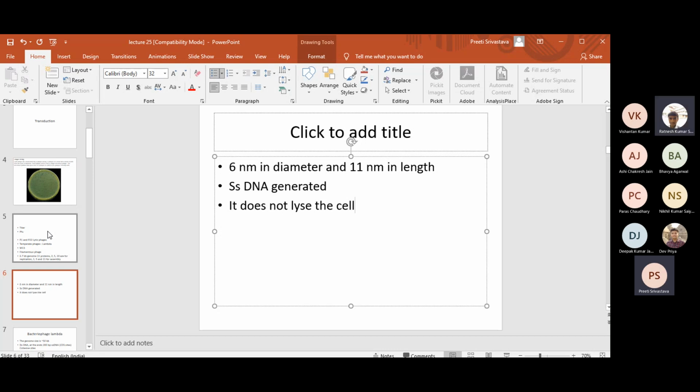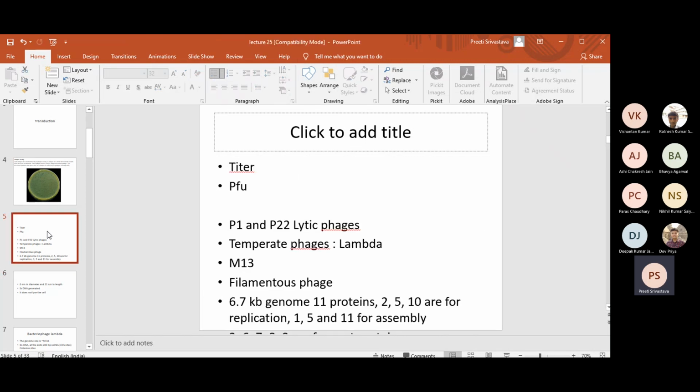It does not lyse the cell. The only reason I brought this up is that the class is aware of two types of phages, virulent phages and temperate phages, right? The example of temperate phages is lambda, which can exist in both lytic and lysogenic cycle, correct? The examples of virulent phages I told you are P1 and P22, because they can lyse the cell. So these are completely lytic phages.